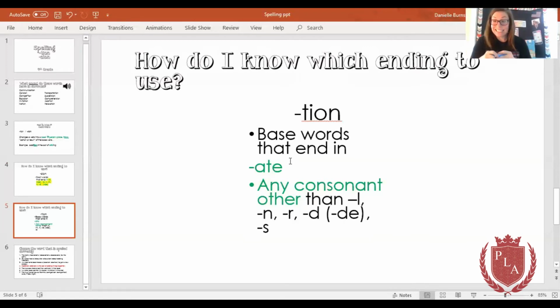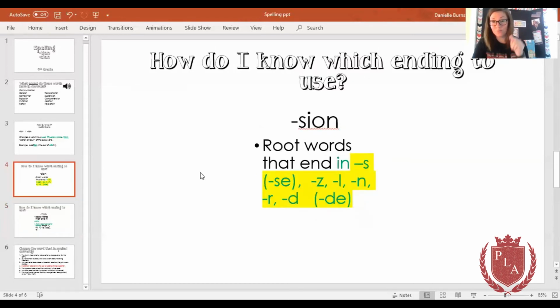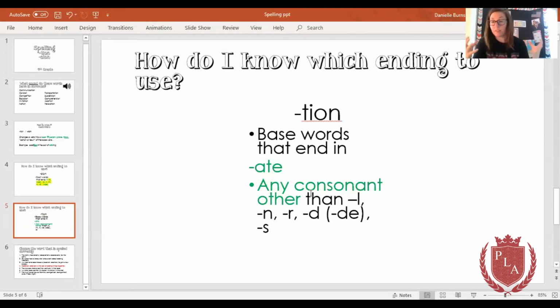Outside of seeing that A-T-E ending, if the word ends in any other consonant other than what we just saw for S-I-O-N, so the same letters, if it ends in any other consonant other than L, N, R, D, E, and S-E, we know that we need that T-I-O-N ending. Let me give you one more example for T-I-O-N. If I give you the word extinct, think about that base word, extinct.